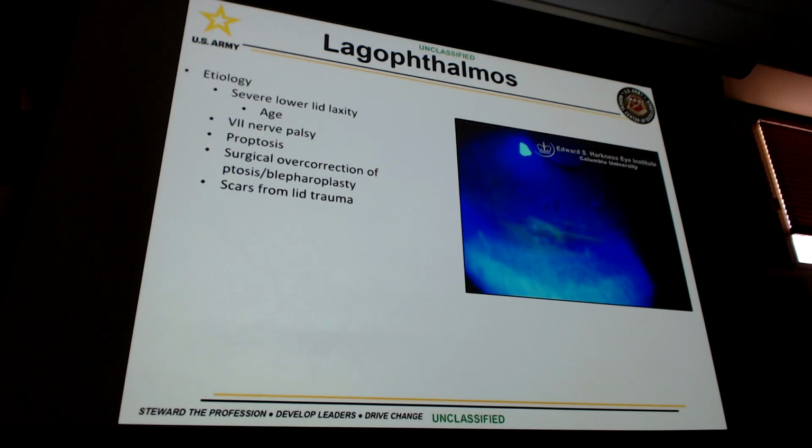Okay. We have to get that eyeball back into place in order for the lids to close. Question? What's the difference between exophthalmos and proptosis? Nothing. Those are synonymous terms. Yeah. Nice work. Where'd you see exophthalmos? Good work. Yeah, very good.